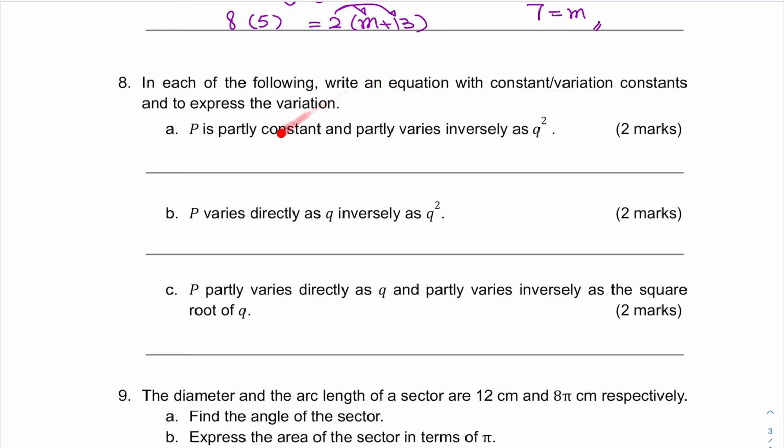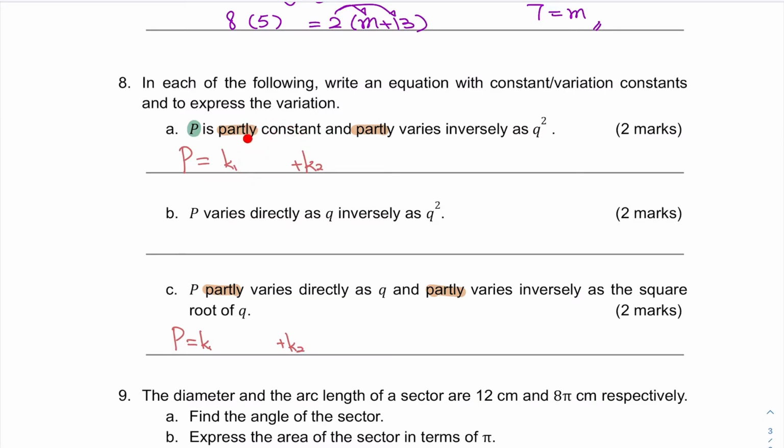Now it's in Form 5 and it's a variation question. You just have to make the equations. Okay, so let's translate it. P is partly. You see the words like partly. What do you do? You will have to think of K1 plus K2. After putting that K1 plus K2, you have to decide if there's anything with K1 and K2.